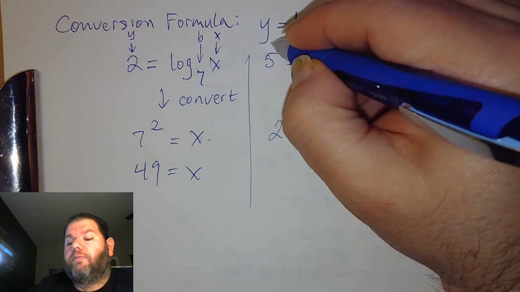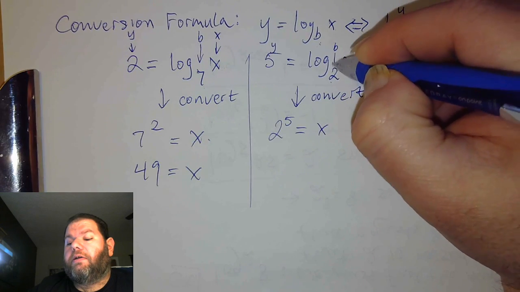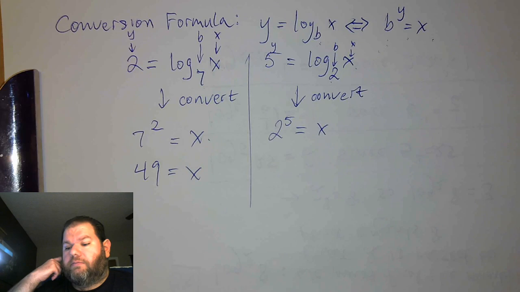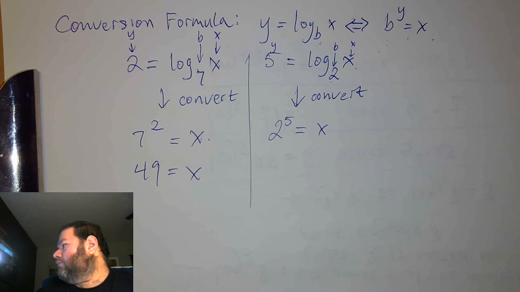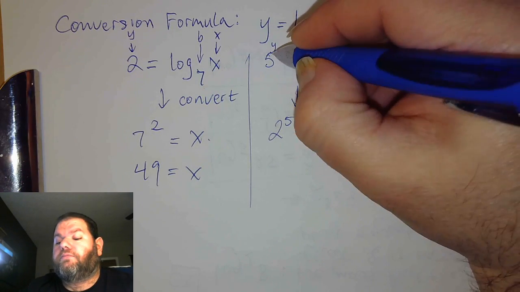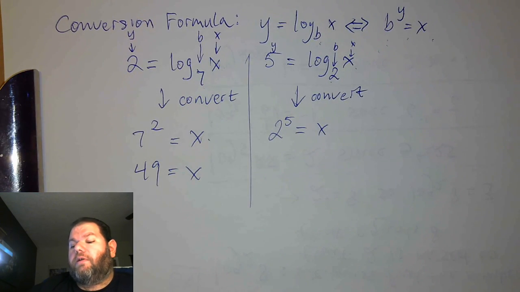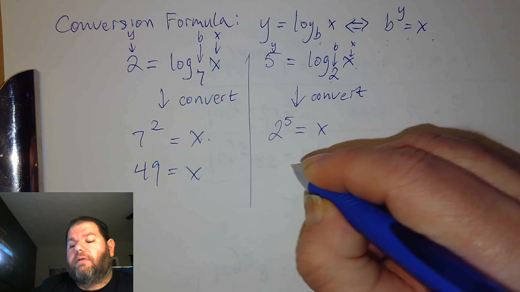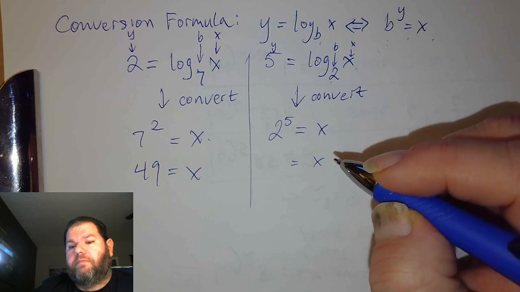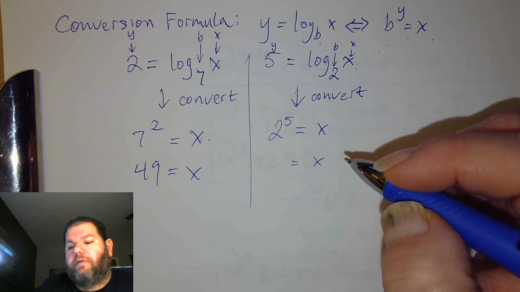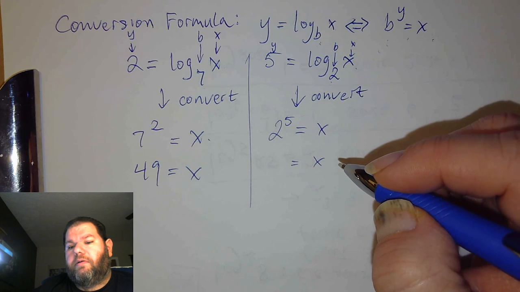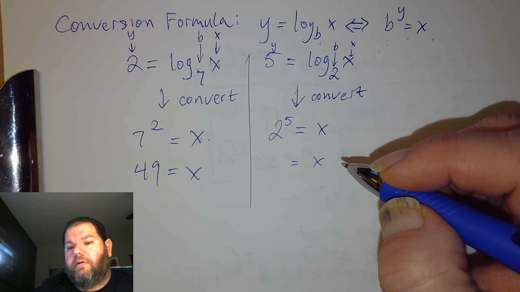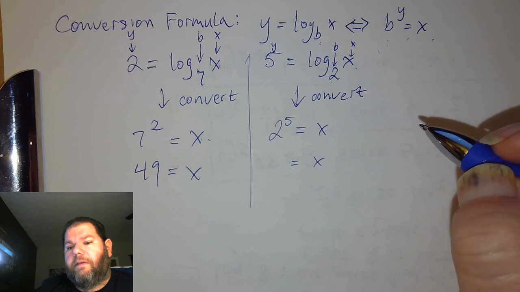Again, here's y, and then b, and then x. And then 2 to the 5th is 32.